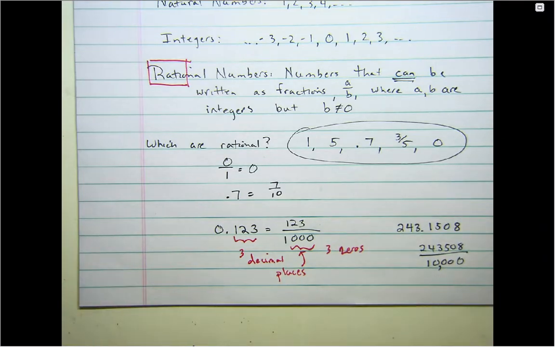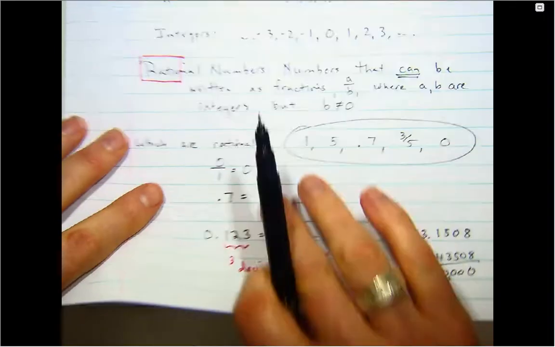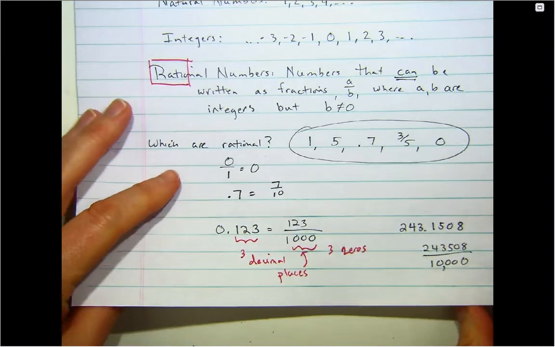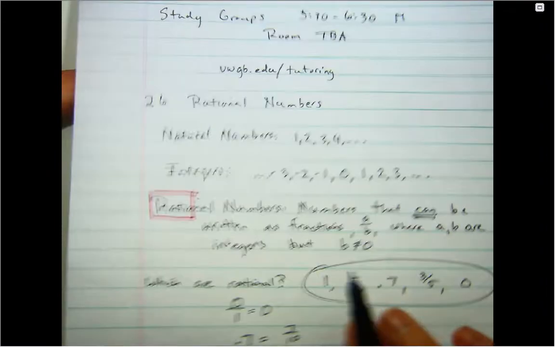So we're saying how many 10,000ths we have. Well, I did want to talk a little bit about what these decimal places mean. So let's take that 243.1508.